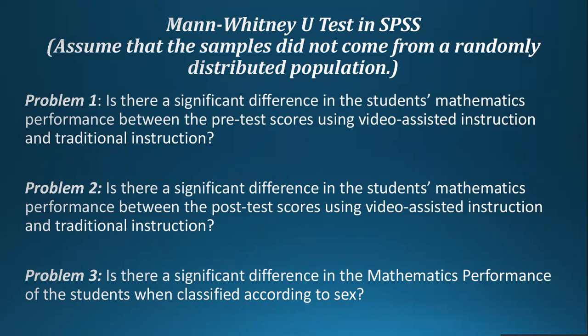Number 2: Is there a significant difference in the students' mathematics performance between the post-test scores using video-assisted instruction and traditional instruction? Problem number 3: Is there a significant difference in the mathematics performance of the students when classified according to sex?